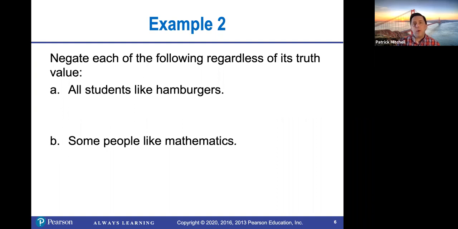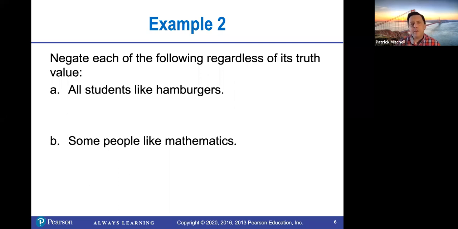Okay, so one thing that students find a little confusing at first, it turns out to be pretty simple in the end once you've thought about it for a little bit, is how to negate a quantified statement. So for example, if you take the statement, all students like hamburgers. Now remember, your original statement and the negation have to have opposite truth values, okay?